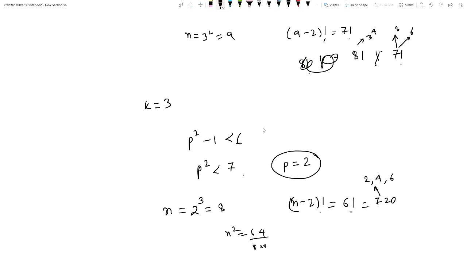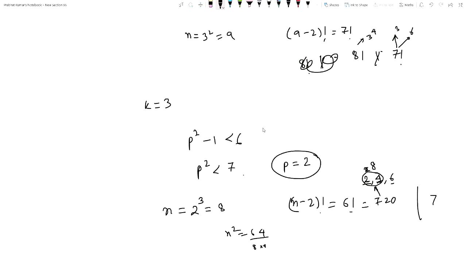If 2 is there and 4 is there, this is an 8. So maximum 1 eight we can extract from this, and 6 has 2, so maximum it may be divided by 16, right? So here is 2, here is 2 and here is 2.